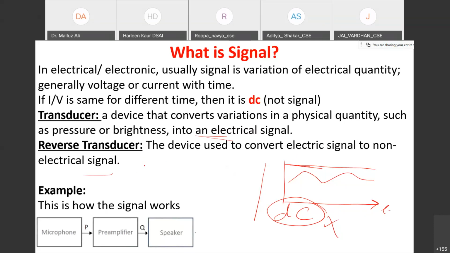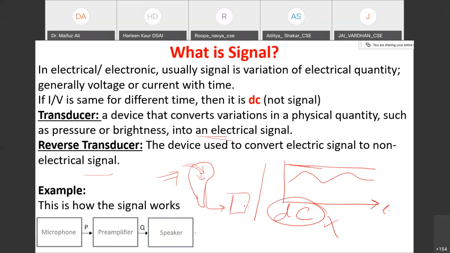Right now, you have a microphone before your face, and you are talking before this microphone. The sound wave, which is a pressure wave, is converted into an electrical signal. You pass this electrical signal to an amplifier, and the signal is amplified.